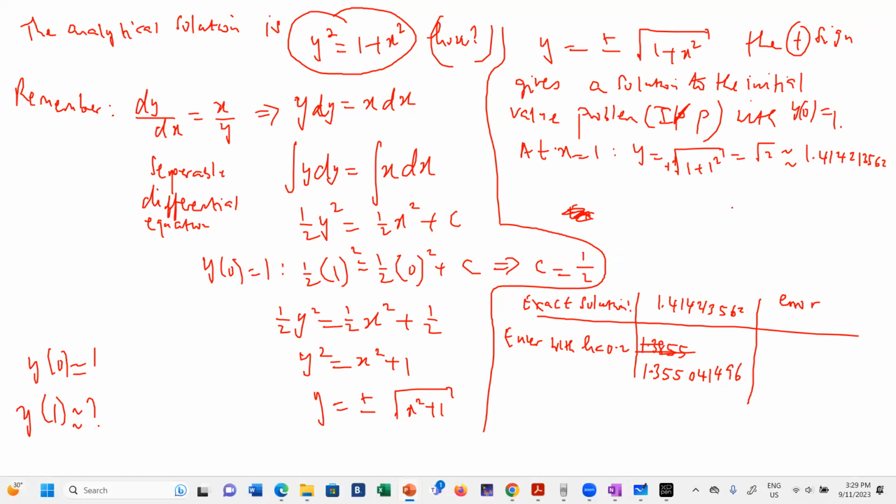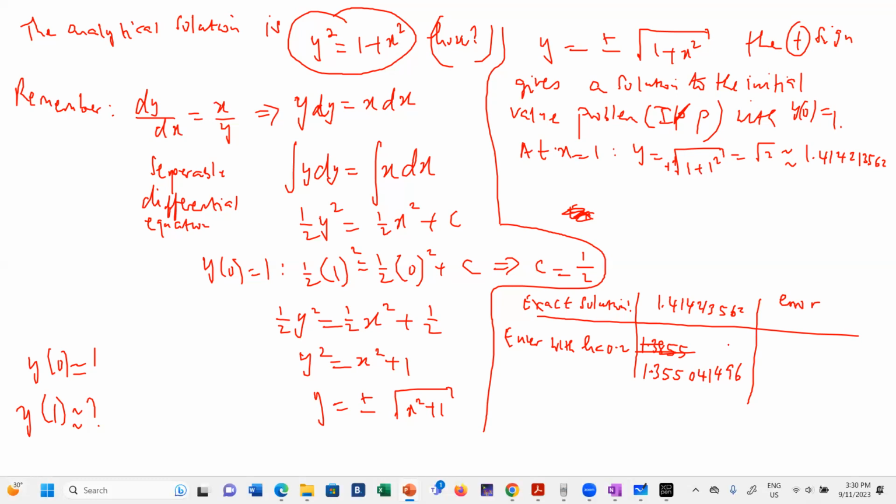Okay, long digits here, and the estimate 1.355041496. So we can get the error, which is 0.0591.